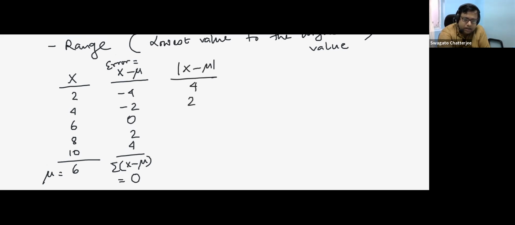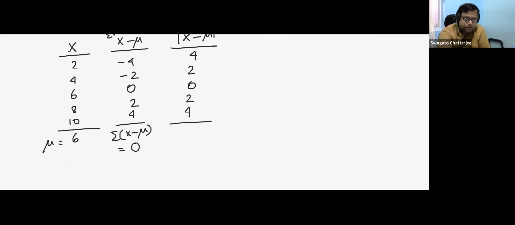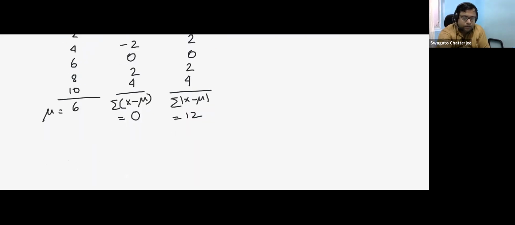Why can't I do it like this? This is 4, 2, 0, 2, 4. The summation of the mod is basically 12. 4 plus 2, 4 plus 2. So 12. So the mean absolute error is basically 12 by 5, which is 2.4.